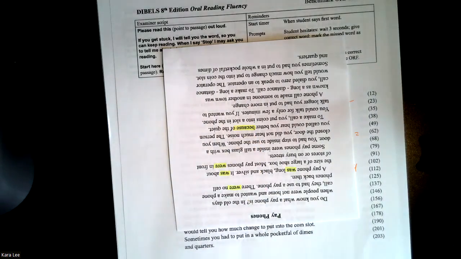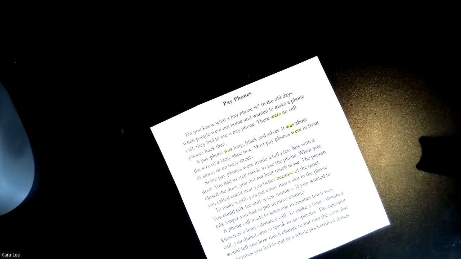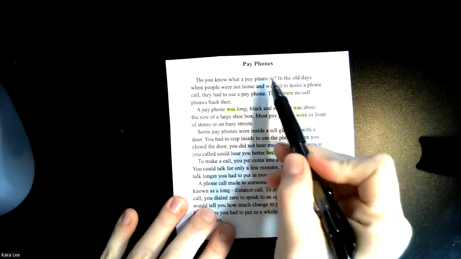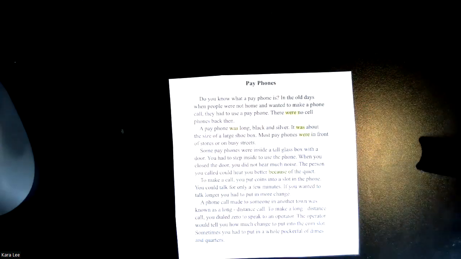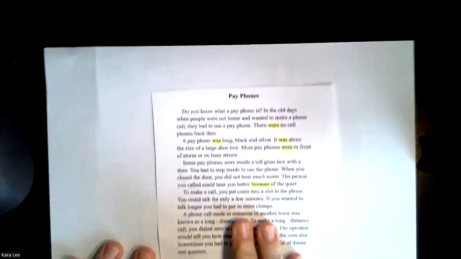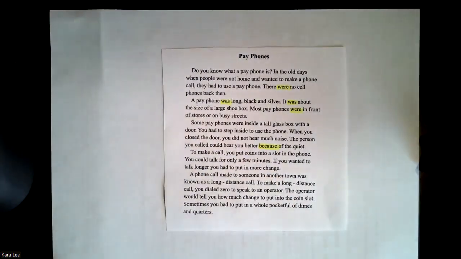So let's put these words in the phrases that they are found in. It's nice with the white background, I think. There we go. And remind me, what do we look for when we are deciding about phrasing, right?